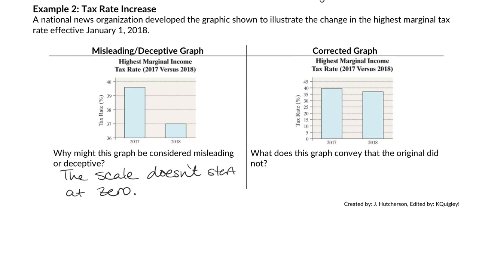So instead, if we look at the corrective graph, what does this graph convey that the original graph did not? Because now I'm starting at 0, going by 5s each time. If this national news organization was trying to show us that there was a decrease in the highest marginal tax rate between 17 and 18, do we still see that decrease?